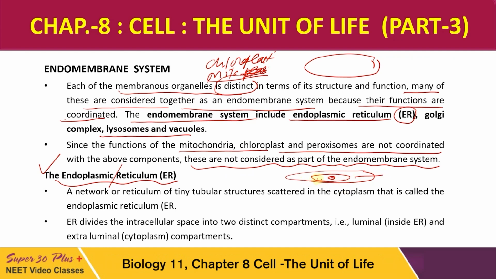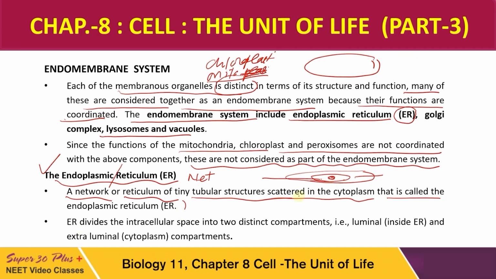Endo means the cytoplasm which is surrounding the nucleus, that is endoplasm. Reticulum means a net-like structure. The name endoplasmic reticulum was given. A network or reticulum of tiny tubular structures which are scattered in cytoplasm is known as endoplasmic reticulum, ER.